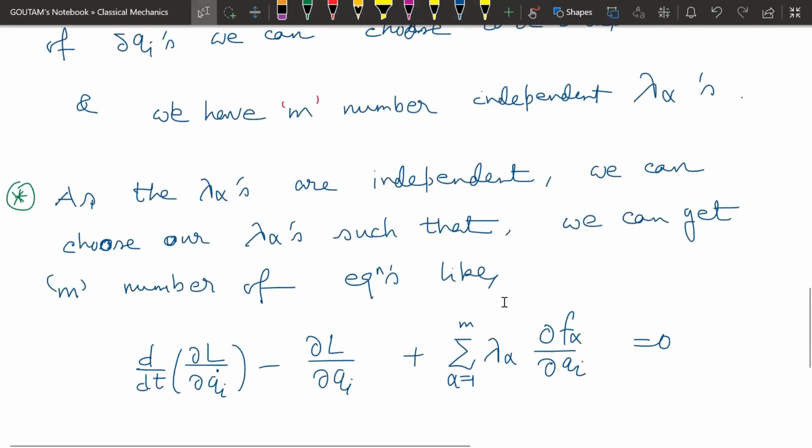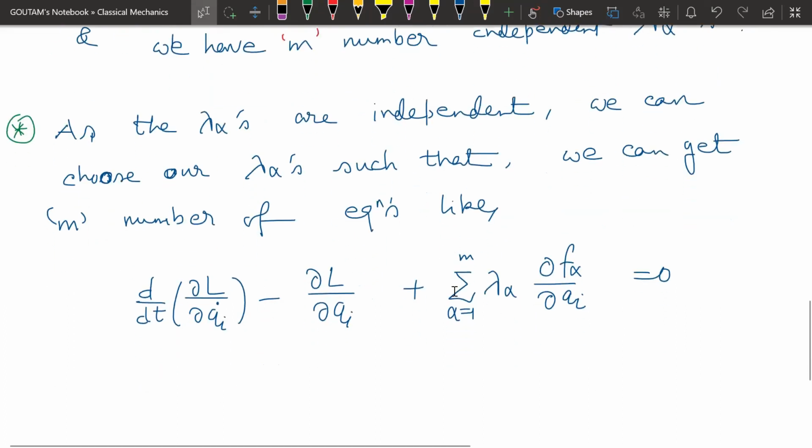So we can have m number of such equations due to the independent lambda alphas, because we can choose these lambda alphas freely and we have m number of them. So we can make this expression 0 by choosing our lambda alphas.